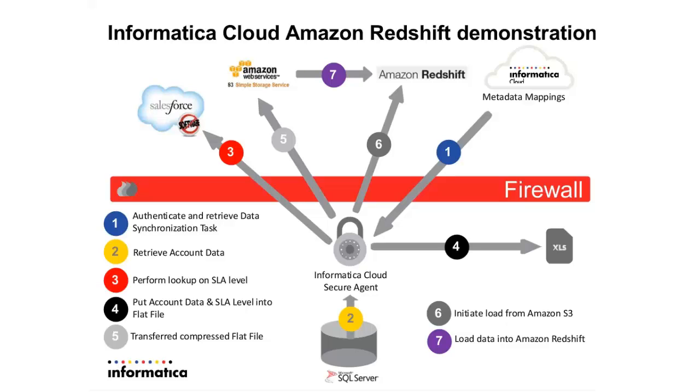For loading into Redshift, we then stage the data locally, compress it, load it up into S3, and finally we tell Redshift to transfer the data from Amazon. And if you're loading in multiple batches and you have multiple nodes configured for your Redshift cluster, we will load those in parallel.